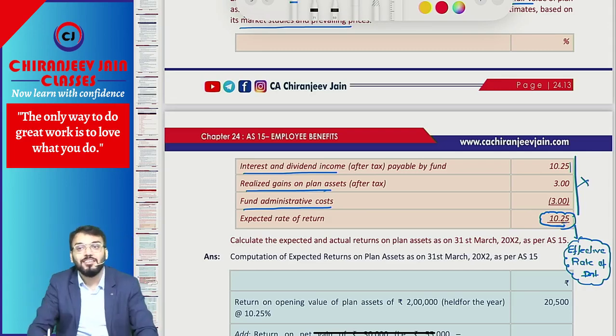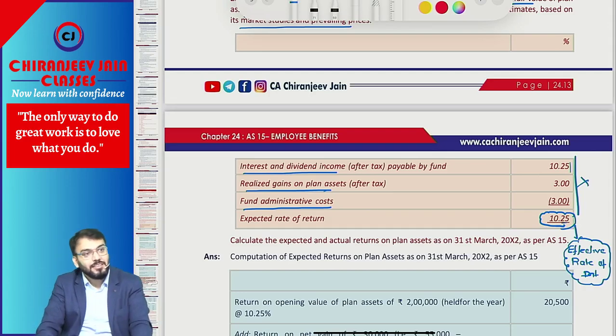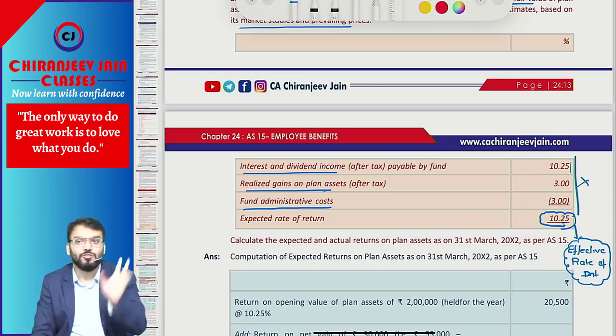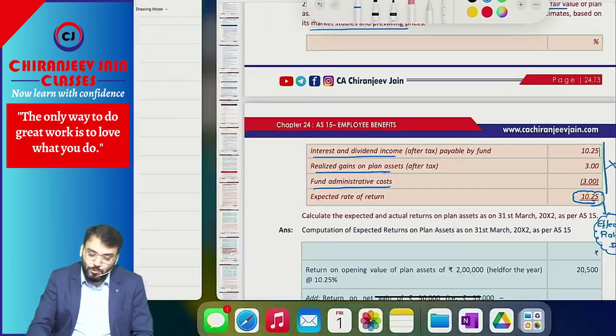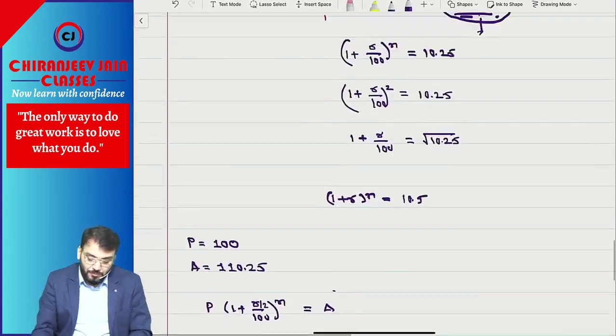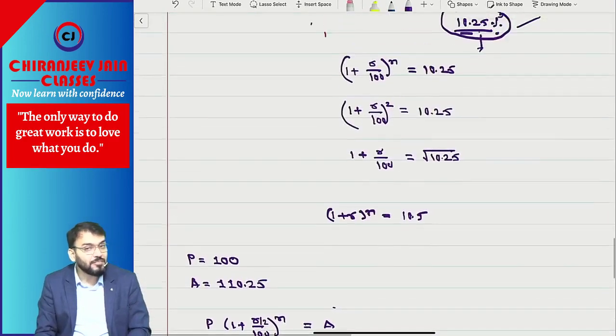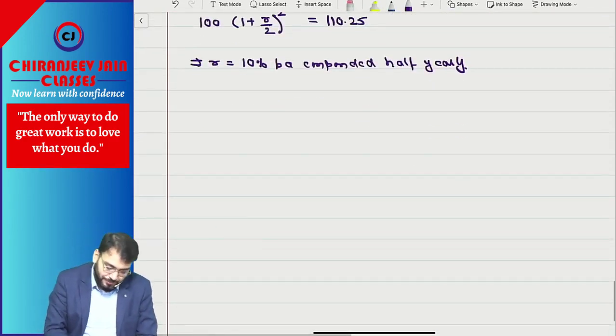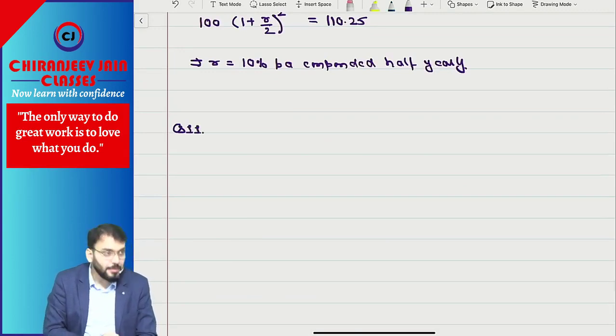Both are same only. Correct? Are you getting what I am saying? But can you apply 10.25% in this question? No, you can't apply. So how to do the solution now? Let us understand. First, have you understood this entire calculation? Correct. So we are doing question number 11.